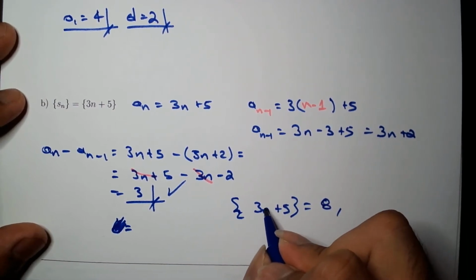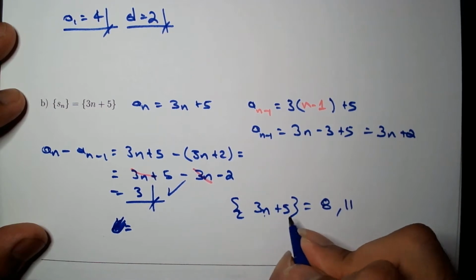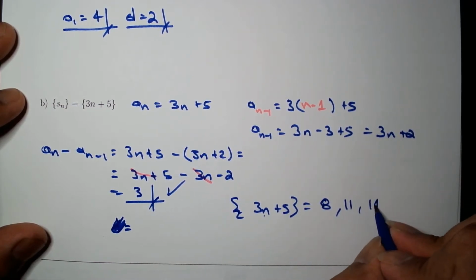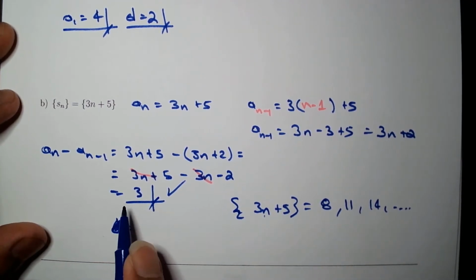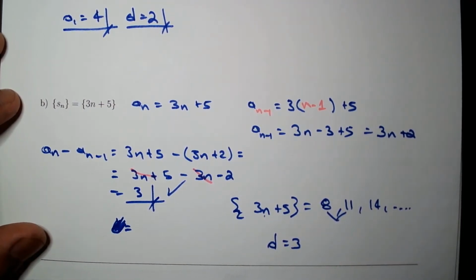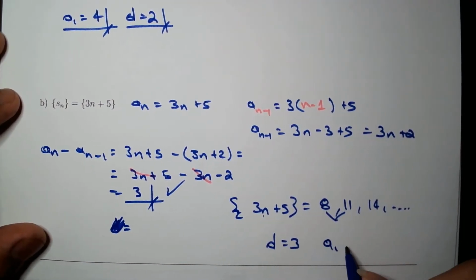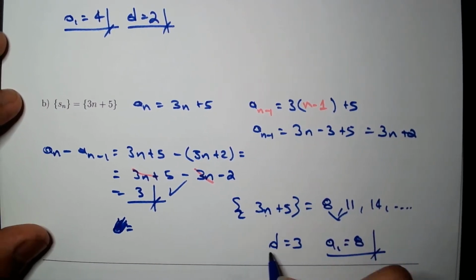Then 3 times 2 is 6, plus 5, that's 11. 3 times 3 is 9, plus 5, that's 14, and so on. The common difference here, as we already got, is d equals 3, and the first term of the sequence, a sub 1, is 8.